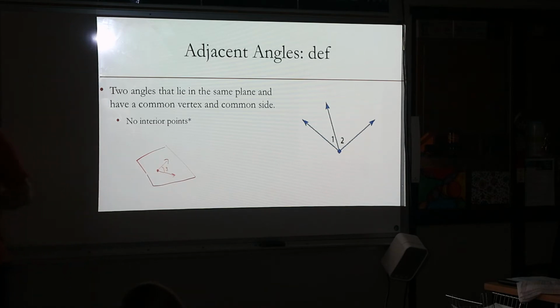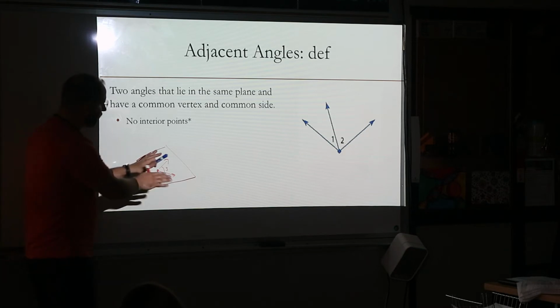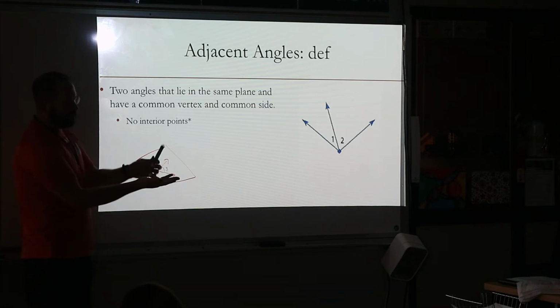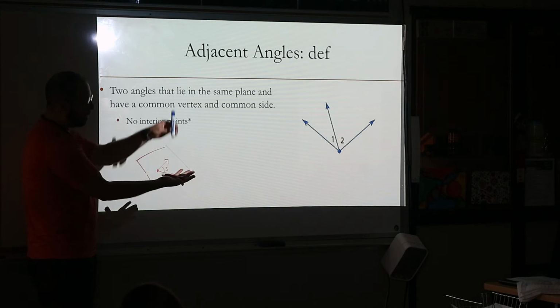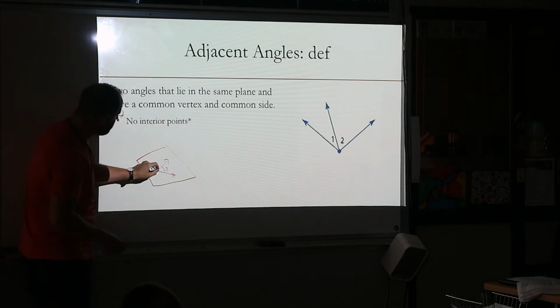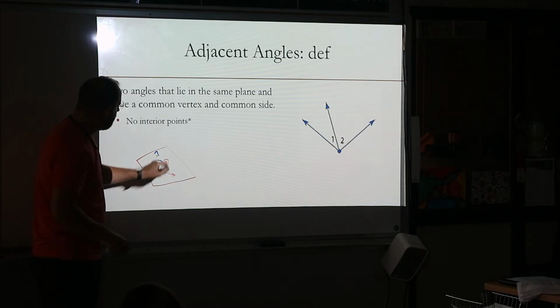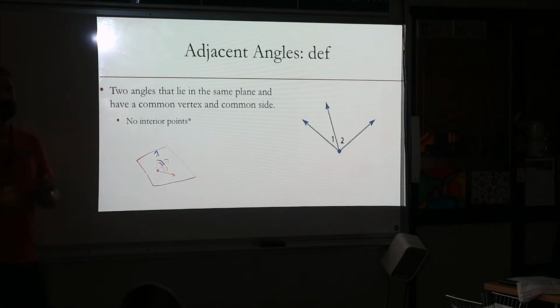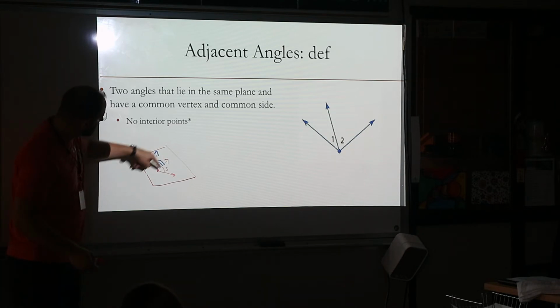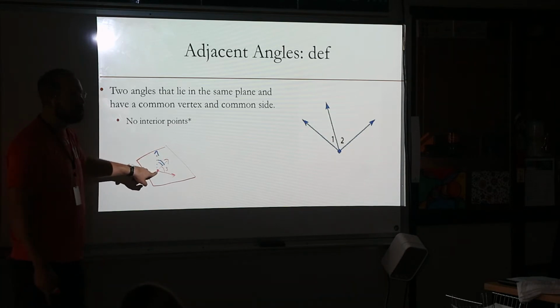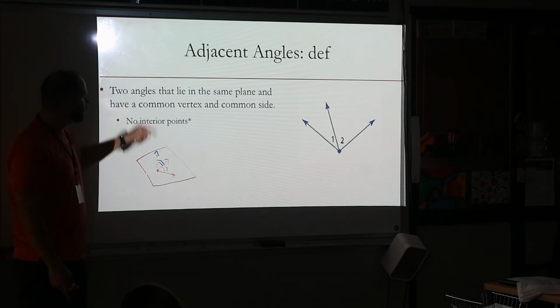And then there could be another angle going off of the paper, going up in the air. I'm going to put a dashed line to show that it's going up in the air. So they're not on the same flat surface. They still share a wall, they share this wall right here, and they share the same vertex. So it looks like by definition that they're adjacent to each other.